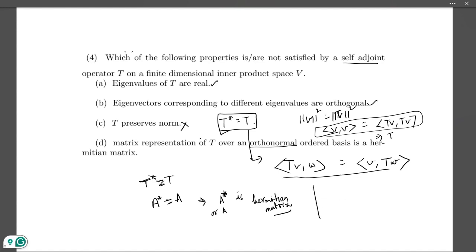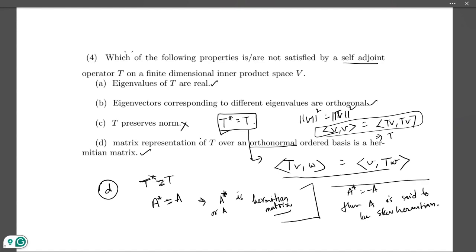And the other definition: if you have A star is equal to minus A, then A is said to be skew Hermitian. Okay? So this definition is important in some sense, so you should remember it.